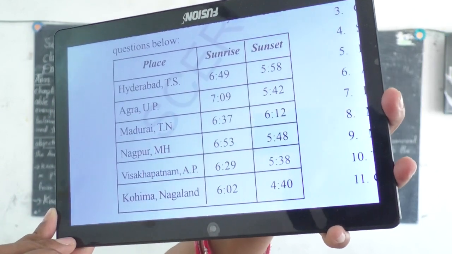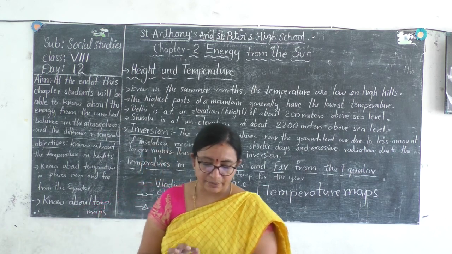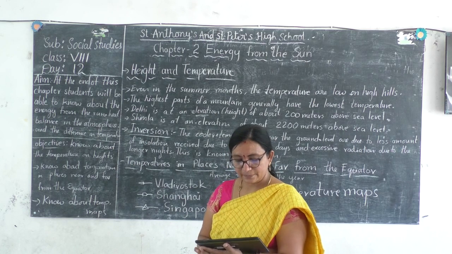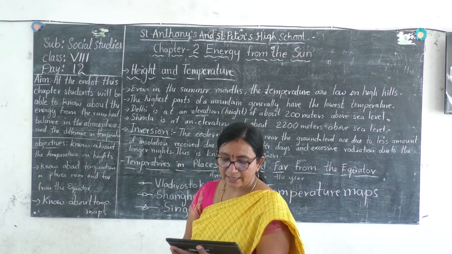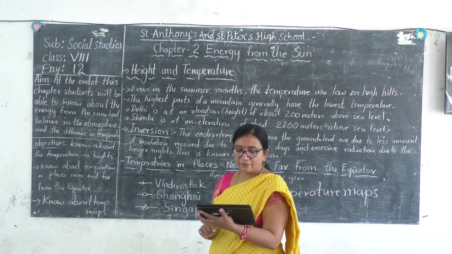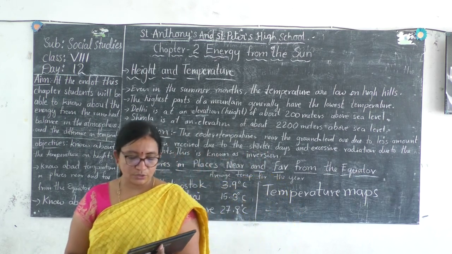You can observe the readings already, it is written here. Okay, Hyderabad in Telangana state, in summer it is... Question 6. Look at the following table, it shows the time of sunrise and sunset in different cities in India on 10th January.